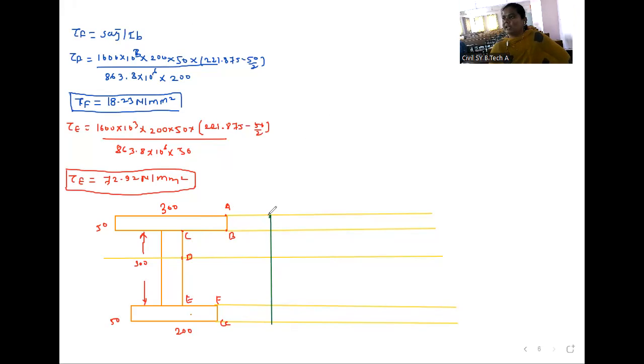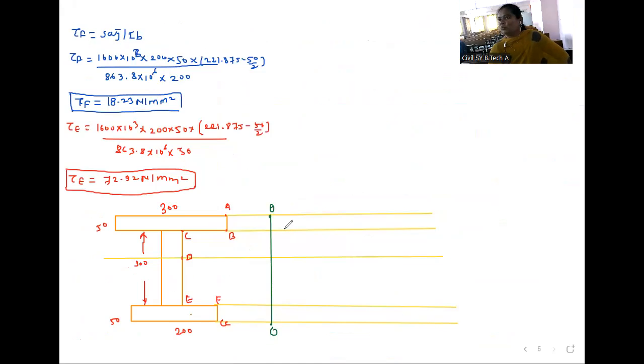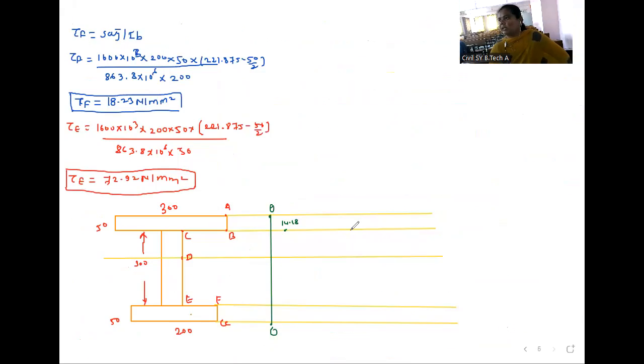Shear stress at A is 0 and shear stress at G is 0. After that, shear stress at B is 14.18, so we will mark here 14.18. After that, shear stress at C is 85.08, so we will mark here 85.08.